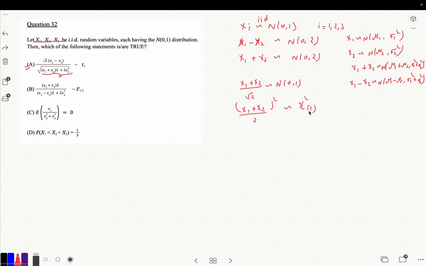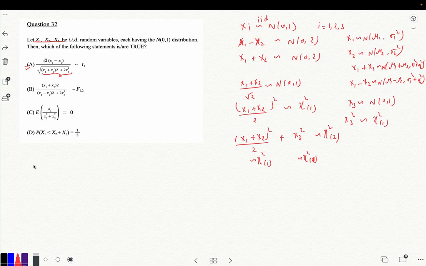Now it is saying x1 plus x2's whole square upon 2 plus, if I add x3 square in it, where x3 is following normal 0, 1, again x3 square would follow chi square 1. So this is following chi square 1, this is following chi square 1, so this whole term would follow chi square 2.